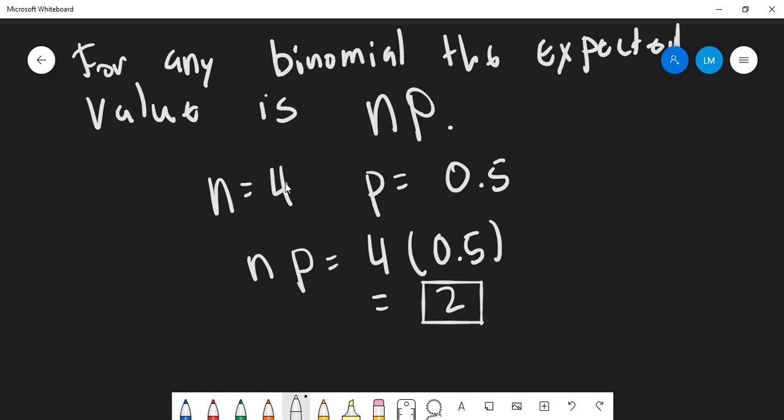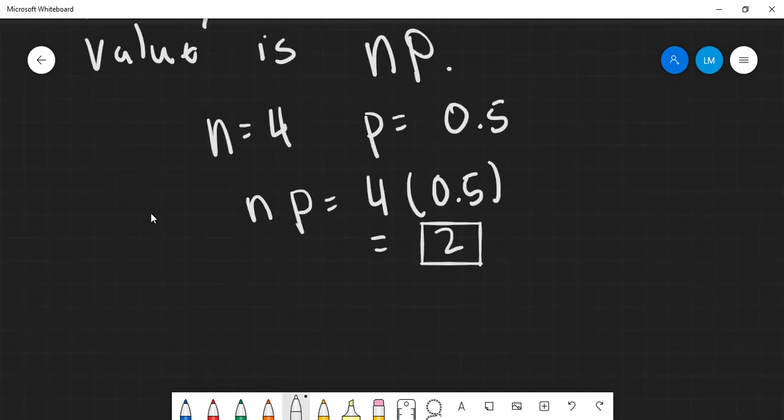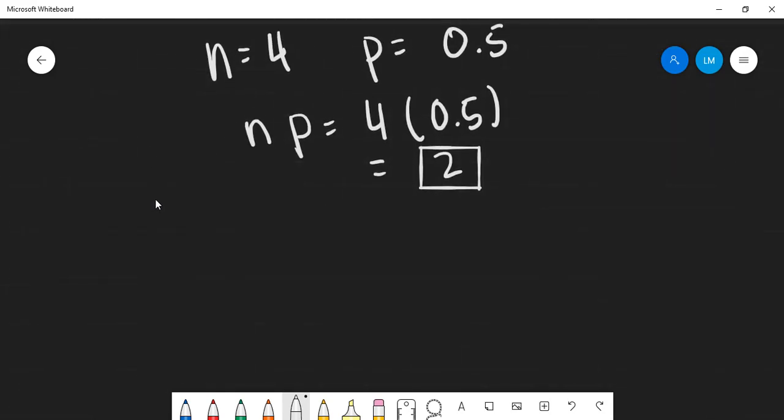That means that if something is binomial and you're looking for the expected value, it's just n times p. So for a coin, the expected value is going to be n times 1/2, or just n over 2.